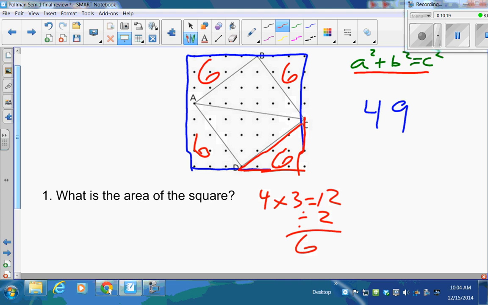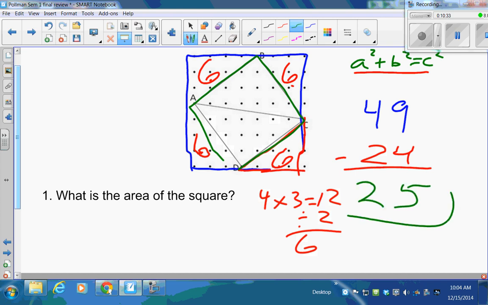When I add 6 plus 6 plus 6 plus 6, I get 24. I can cut 24 out of my big box and get the area of my small box. The area of my small box is 25, which means each one of these sides right here is length 5.